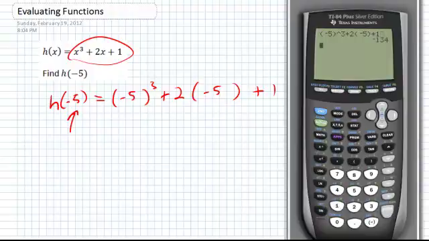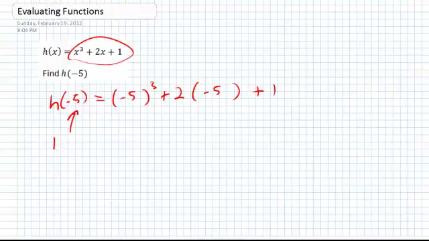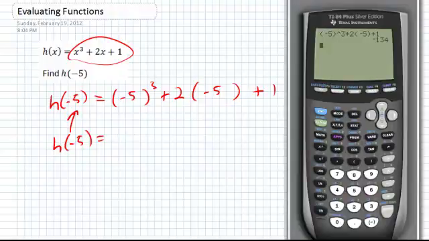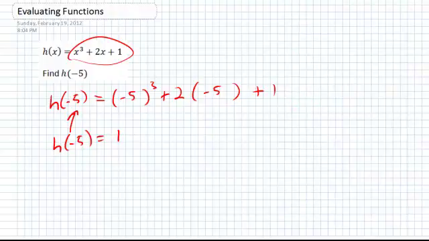Hit enter, and my answer is negative 134. So h of negative 5 is equal to negative 134. So to recap, my x value is negative 5. My y value is negative 134. My input's negative 5 and my output's negative 134.